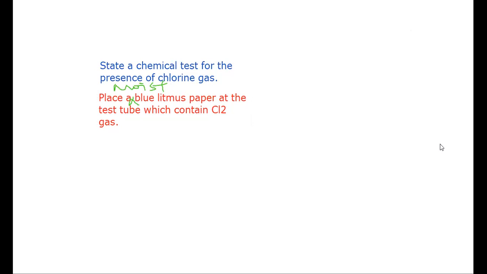Okay. Now, what do you do next? What do you see? You will see that the moist blue litmus, we are now going to write our observation. Okay. So you are going to see that the moist blue litmus paper turns red. Okay. Then bleached. No turning colorless, please.